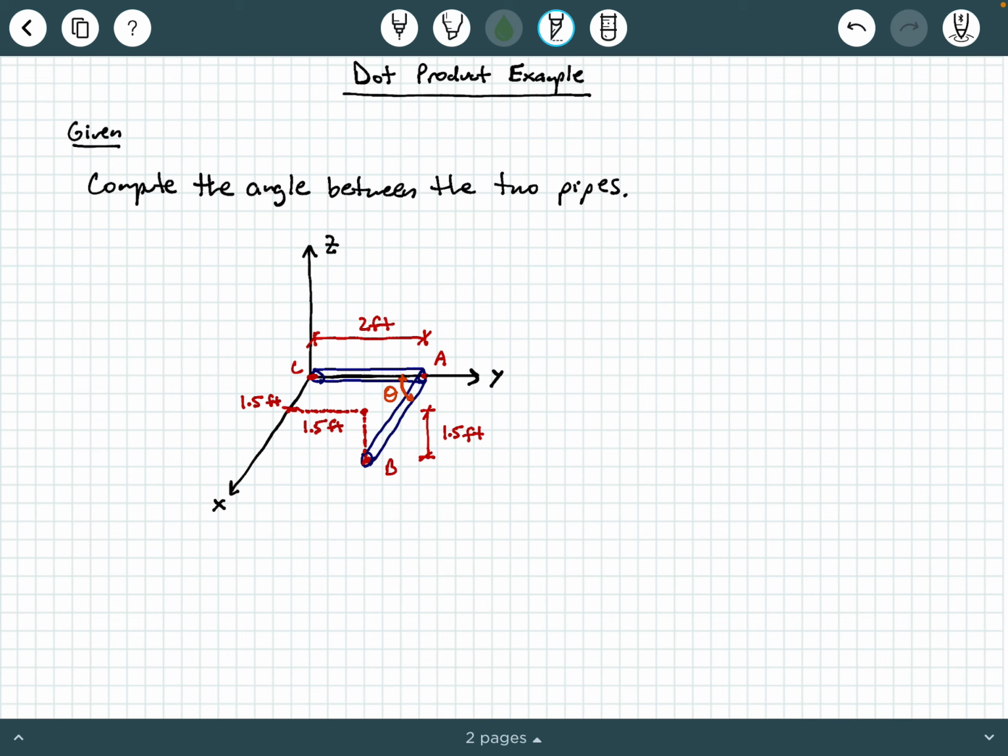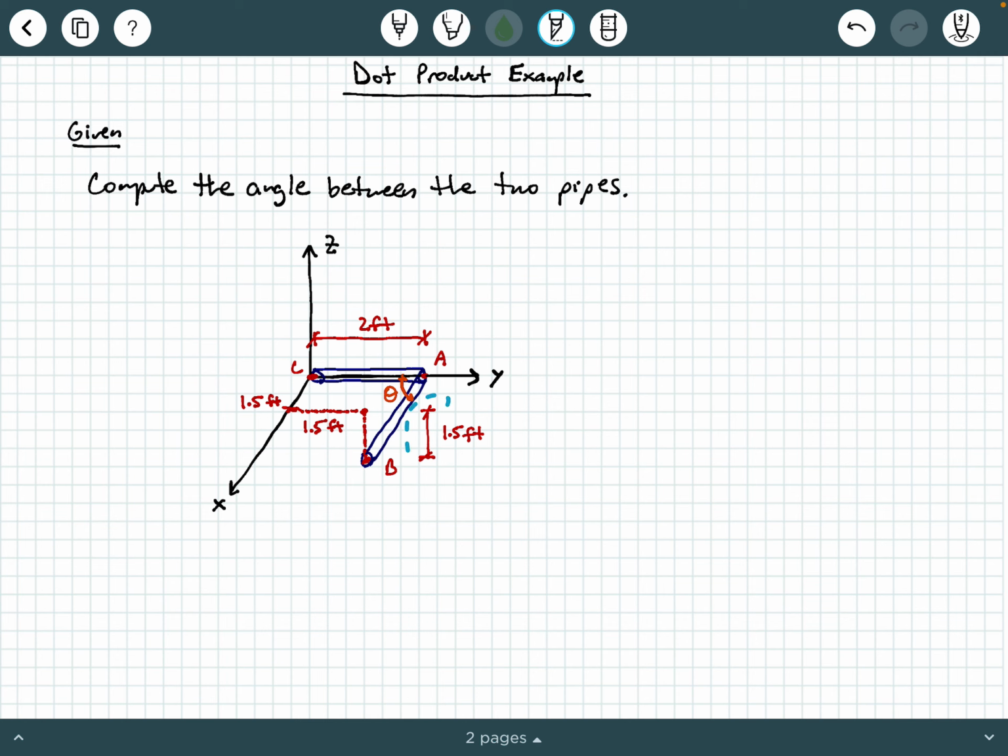And then it extends in the positive x direction by 1.5 foot. So this point right here in red is a projected point. So I took that point B and I projected it up to the XY plane so we can kind of see the dimensions a bit more clearly, okay?